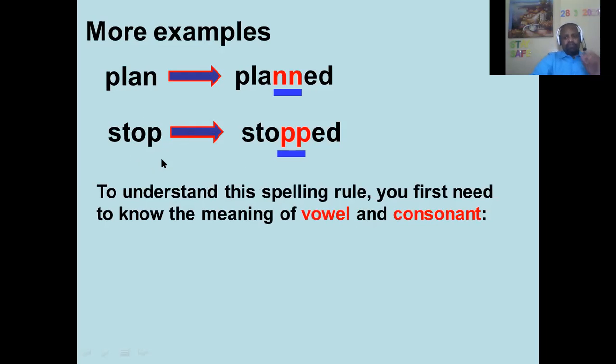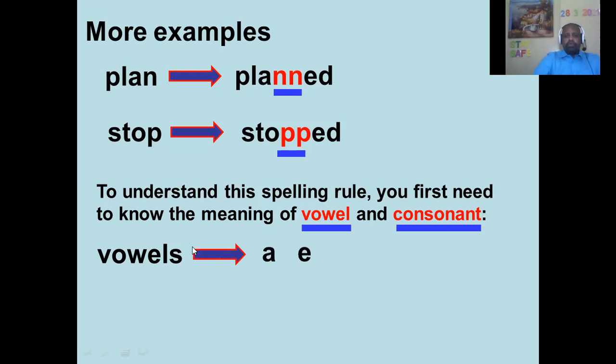To understand this spelling rule, first we need to know what is the vowel, what is the consonant. In English, we have 26 letters: A, B, C, D, E, F, G, H, I, J, K, L, M, N, O. We have 5 vowels: A, E, I, O, and U. These are the vowels.